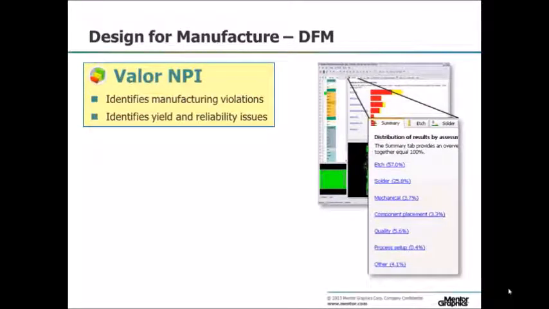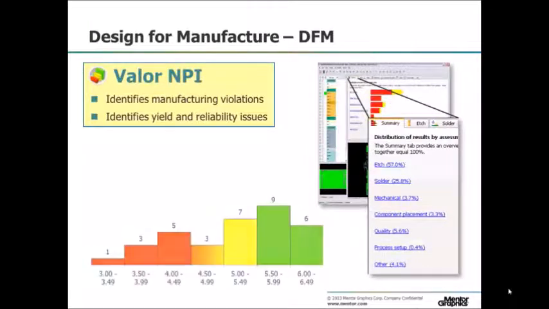Users of Valor NPI DFM tools are able to very quickly identify manufacturing violations and also identify reliability and yield issues with their designs. Using a traffic lighting system of red, yellow and green, it's very quick to decide the severity level of each violation and then correct it accordingly.